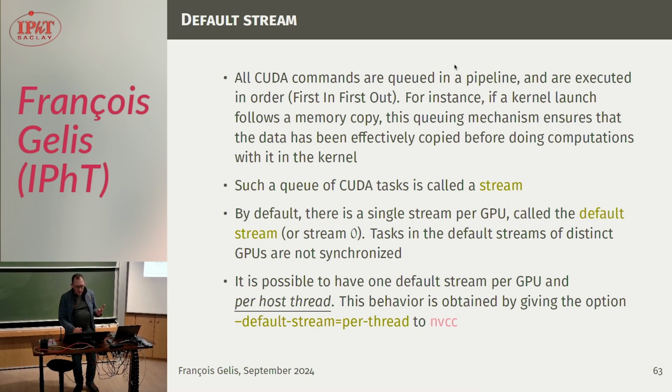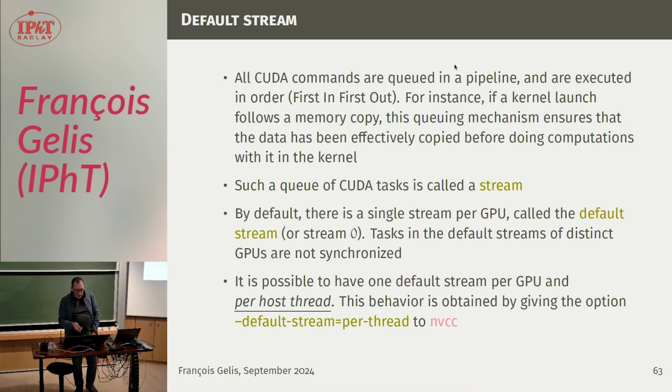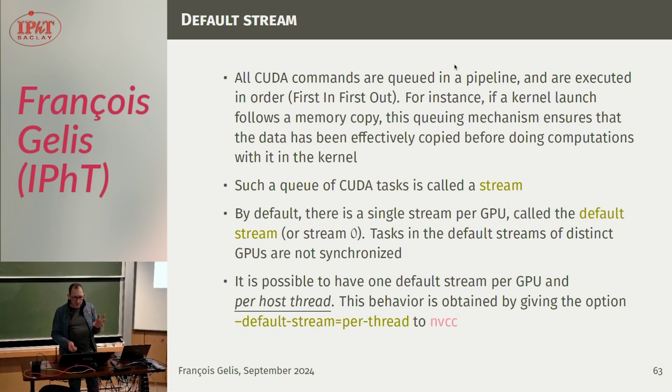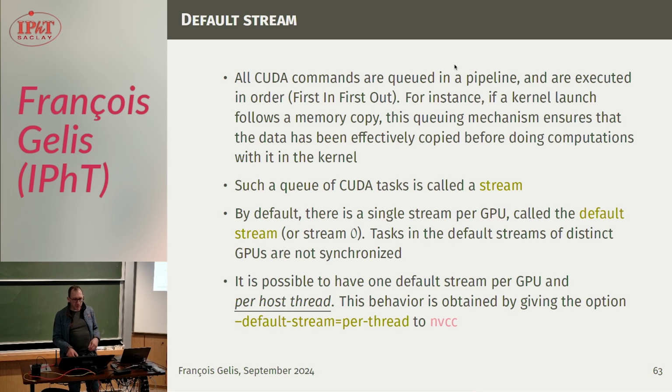But also something I want to mention is that, by default, each GPU has just a single default stream, but there is an alternative which is obtained by giving a special option to the compiler, which is to have one default stream per GPU, but also per thread on the host.